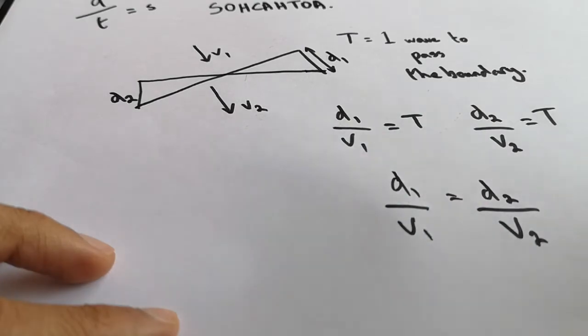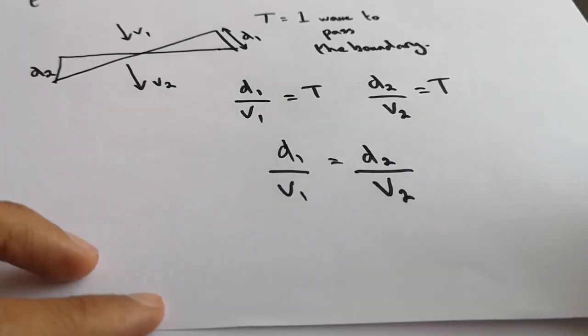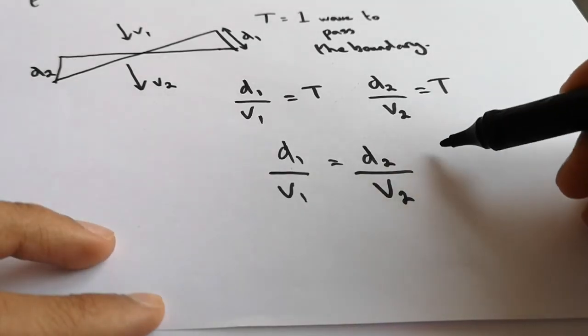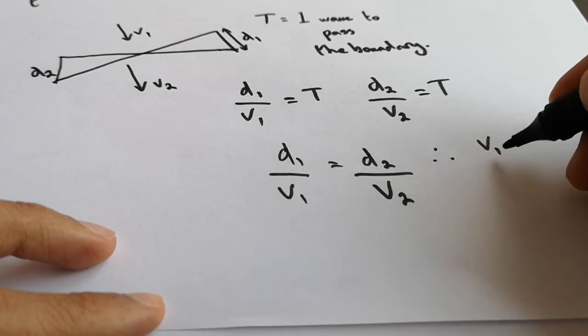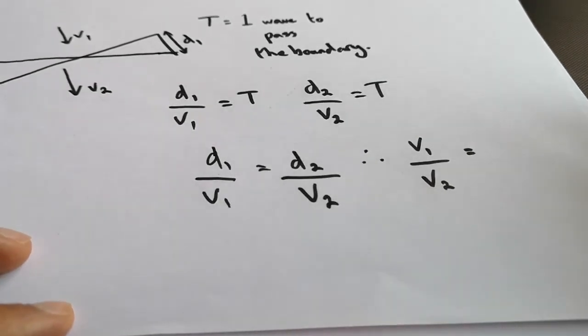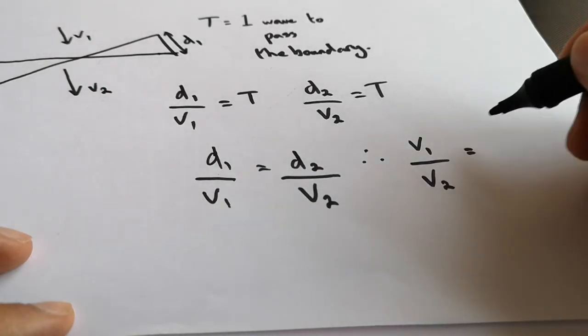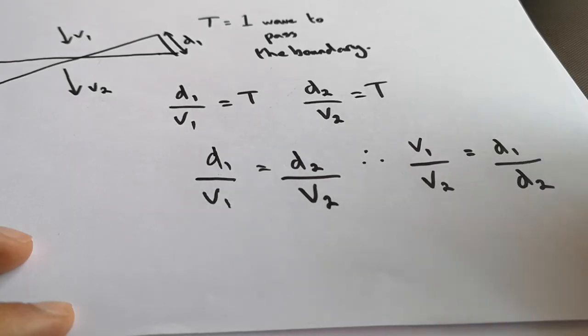Now already you can start to see a connection, and this is absolutely brilliant that we can do this, because based on this idea, we can say that v1 over v2 is equal to d1 over d2.